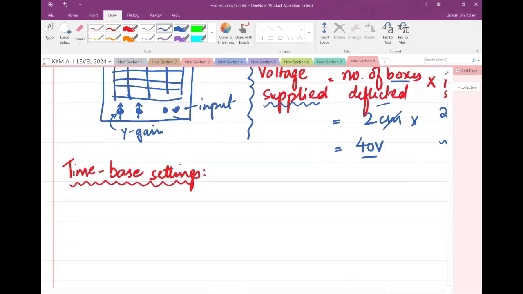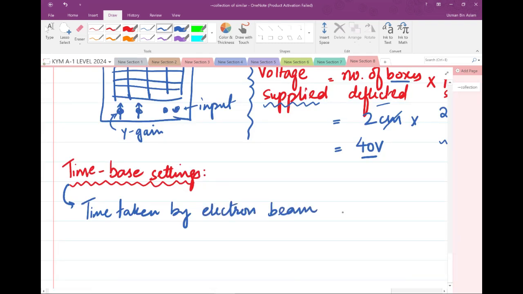The time base actually means the time taken by the electron beam to get deflected one division horizontally.